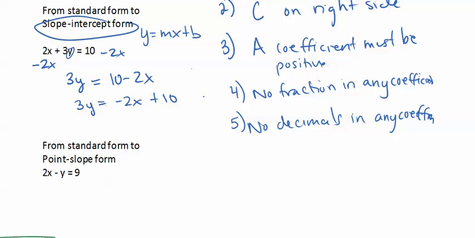But I still have this 3y, and y has to be solved for. So that means that I have to divide the whole equation by 3. That means every term has to be divided by 3. So if I divide 3y by 3, I have to divide negative 2x by 3, and I also have to divide 10 by 3. So that will cancel, and so y is equal to negative 2/3 x plus 10/3.